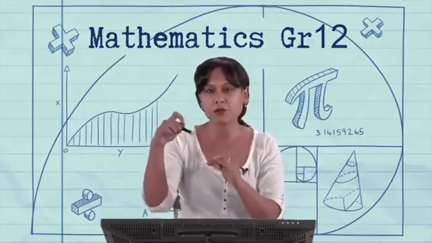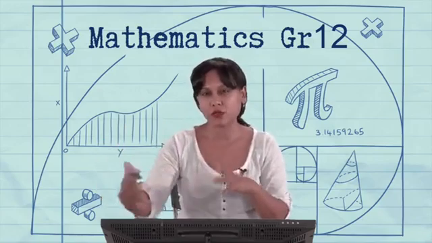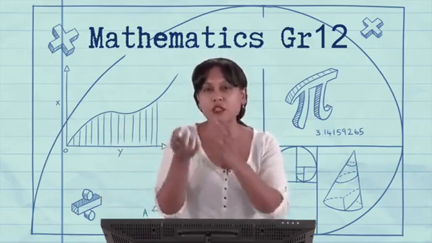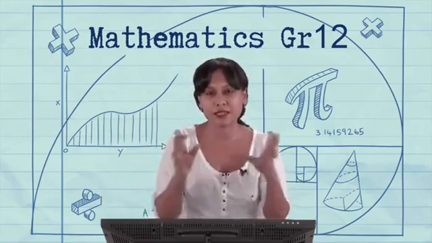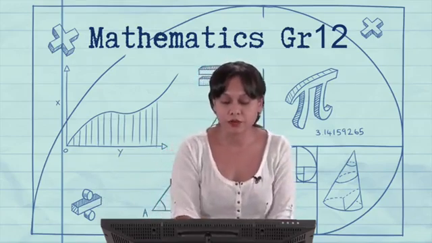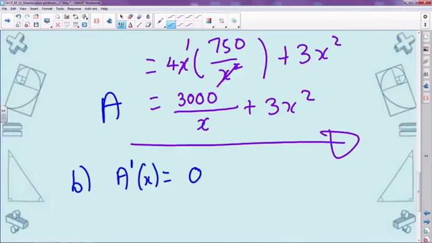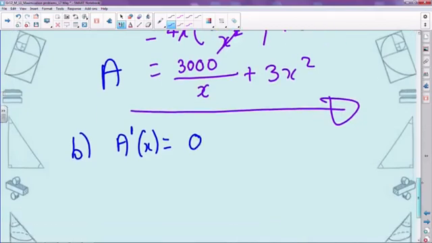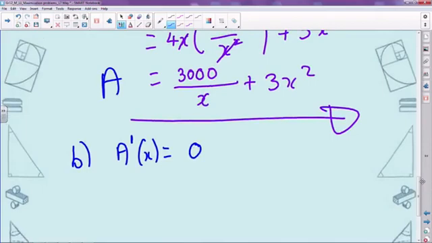You're looking for minimum points by setting the derivative equal to 0. You're looking for a stationary point. This is exactly what we're doing here. It's a similar concept. So we want to find the derivative of that and where it's equal to 0, and that will help us minimize the material needed by minimizing the area.